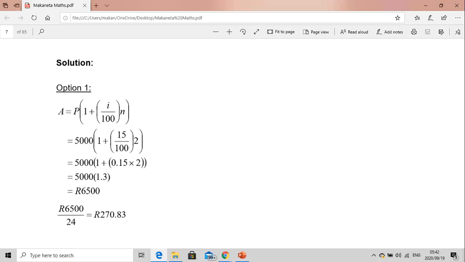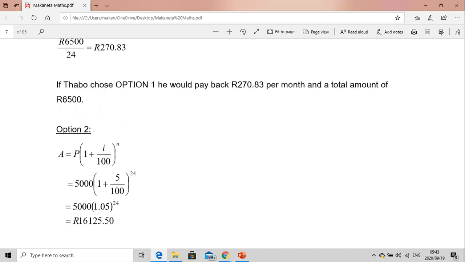Now, what are we going to do to look at the compound interest? We are obviously going to use the actual formula to calculate the compound interest. And you can tell that this time the n, which is the number of times the interest can be calculated, will be 24 months because it's also 2 years.